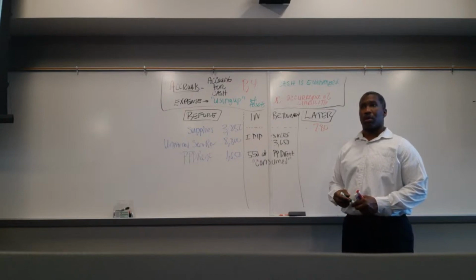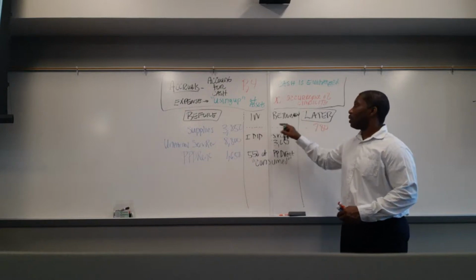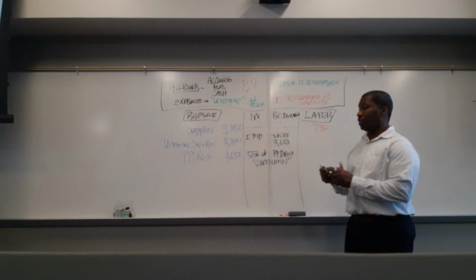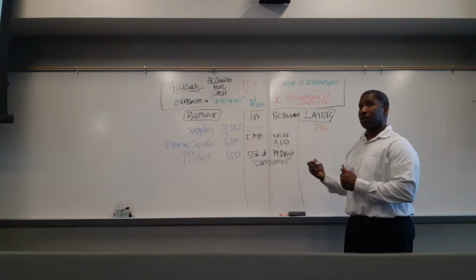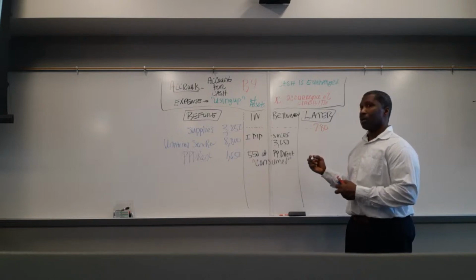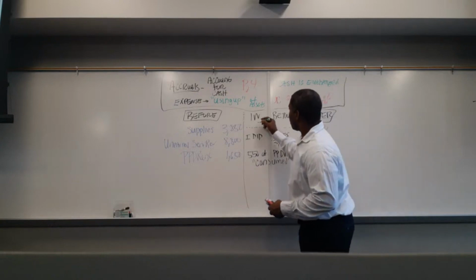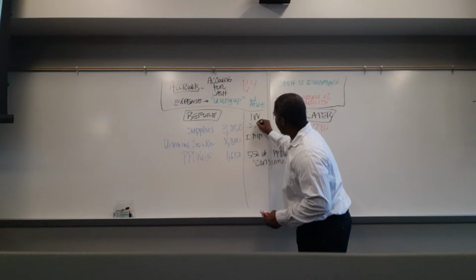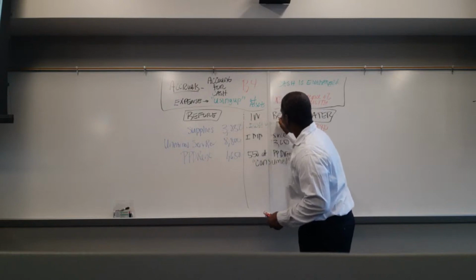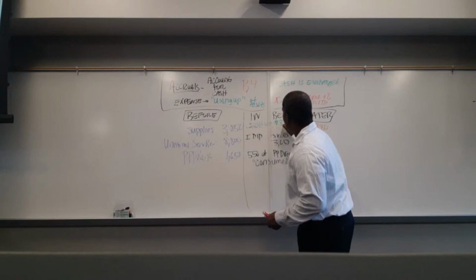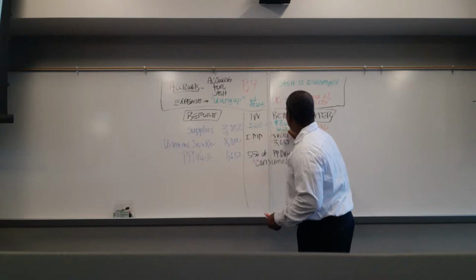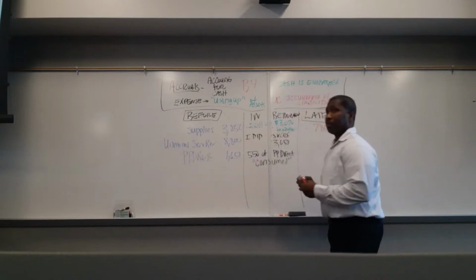You subtract the 780 from the 3,850. What's the difference between those? That's correct. It is 3,070. Okay, so I used up $3,070 of supplies. Okay?